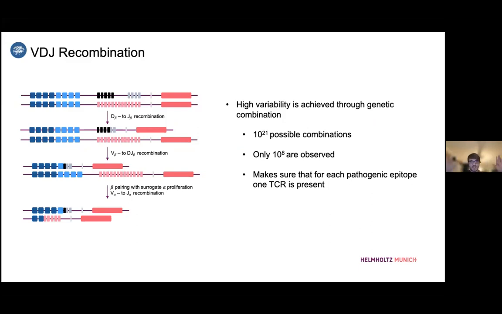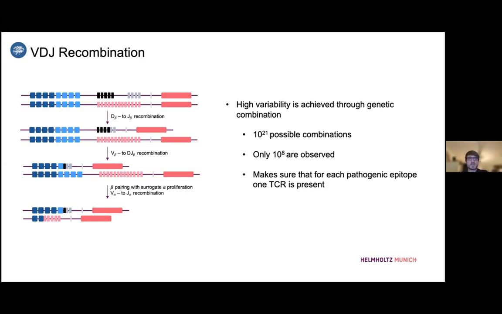You can imagine this is a huge design space, or a huge sequence space, which is quite demanding when you tackle it through machine learning or data-driven approaches. But generally, we have only 10 to the 7 or 10 to the 8 different T-cell receptors circulating at any moment, and that ensures that we can recognize almost all pathogens that we can encounter.